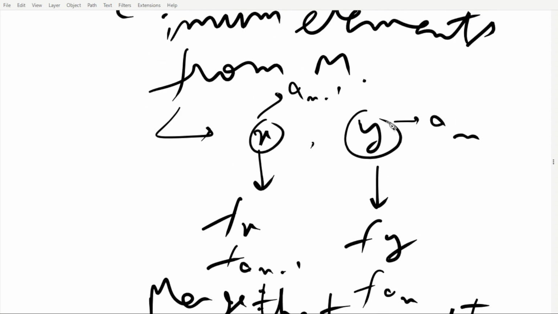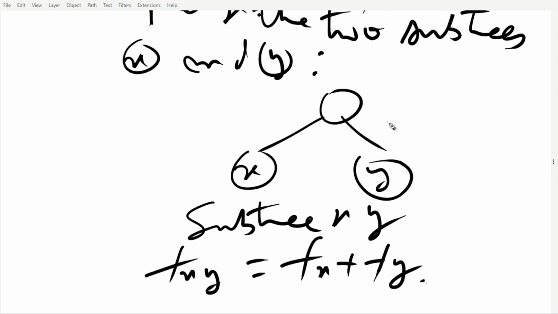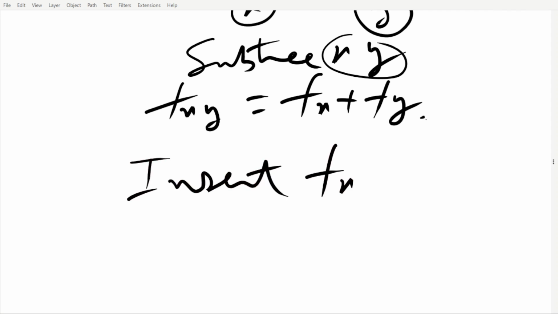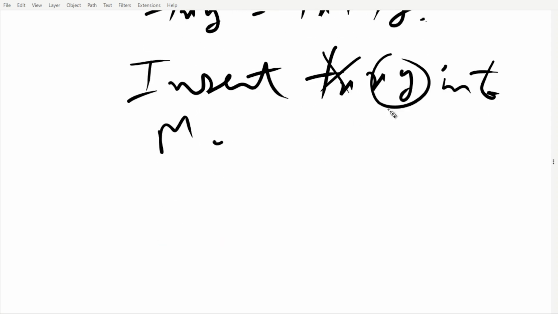So we extract two minimum elements, merge them, we call this new subtree xy, and update their frequency as the sum of the two frequencies. And after this we insert it back. Then insert this xy node into the min heap m. So the same process is repeated again and again until we get a single subtree in the forest.